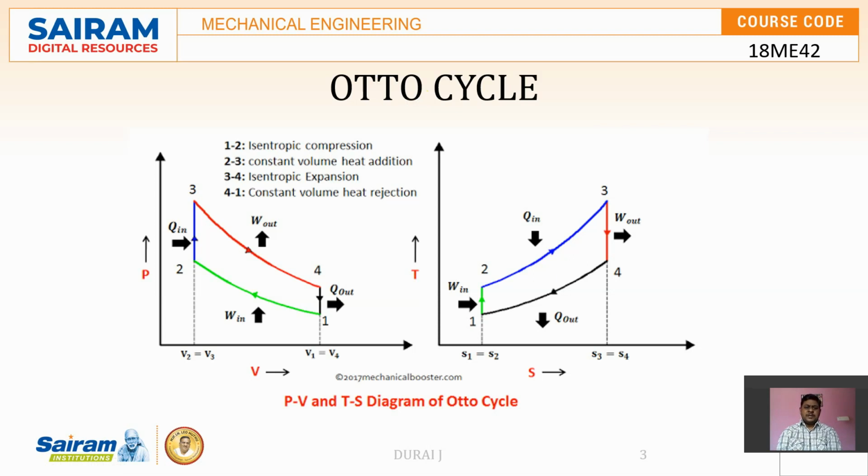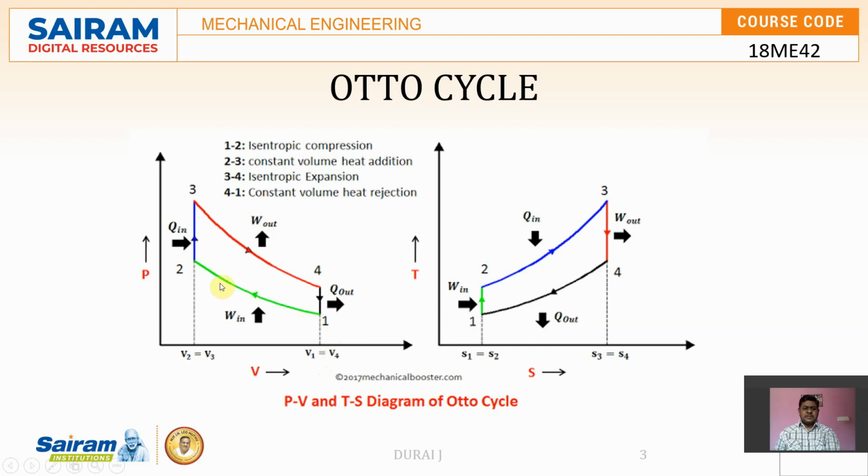In this, compression and expansion take place as isentropic processes, that is, reversible adiabatic processes, whereas heat addition and heat rejection take place when the volume remains constant. Since heat is added into the system when volume remains constant, this cycle is also called constant volume heat addition. During the compression process, volume decreases from initial volume V1 to V2.